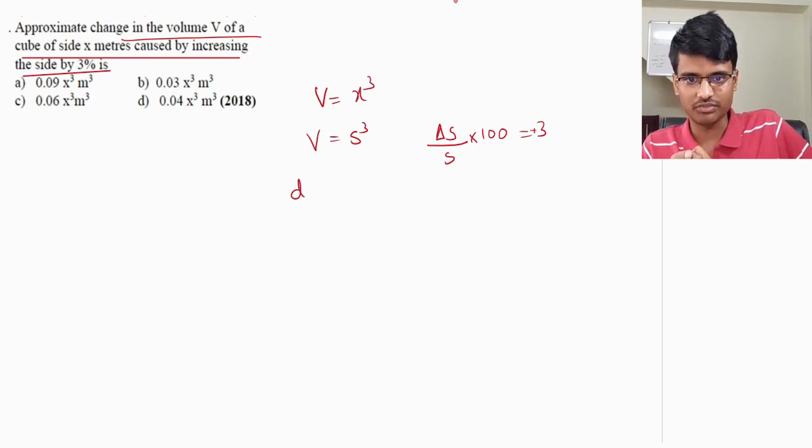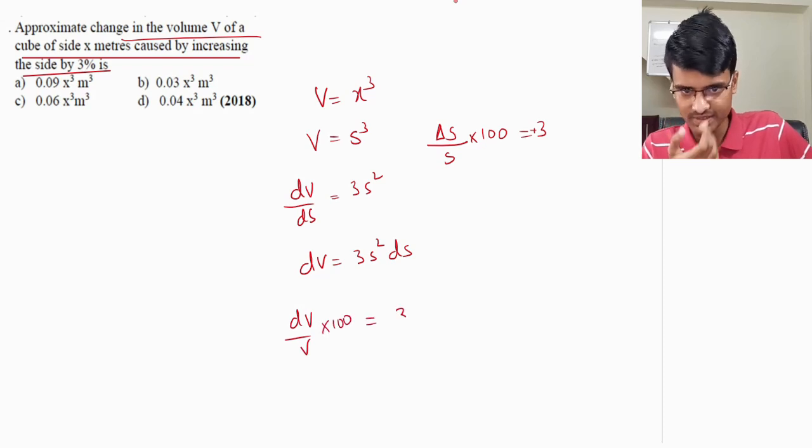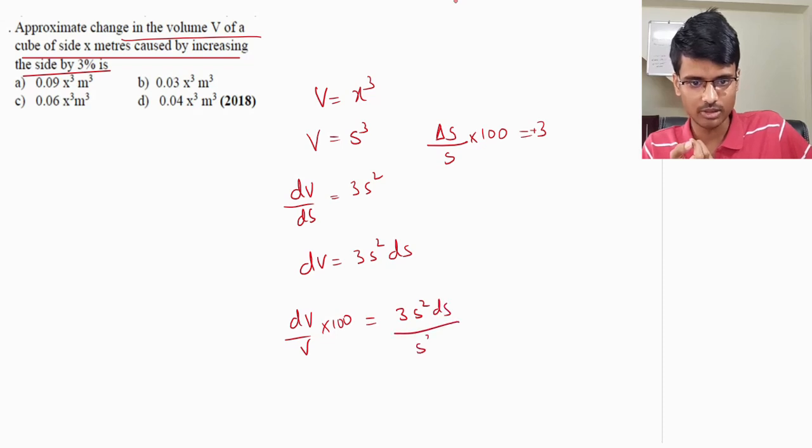So let me just differentiate. dv by ds is equal to 3s square. So approximate change in the volume, dv, is equal to 3s square ds. We are asked what is dv by v into 100. This will give me the percentage, right? dv is 3s square ds, and v is s cube, so this gets cancelled.